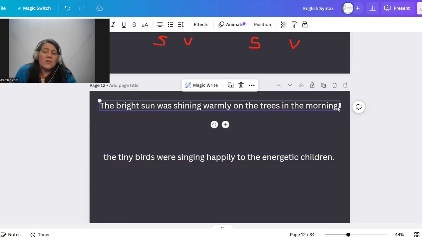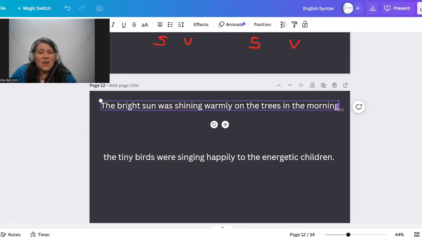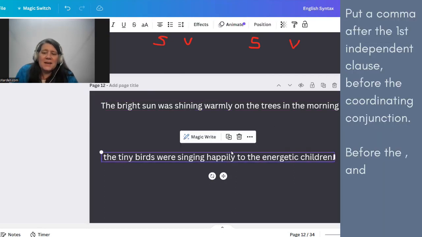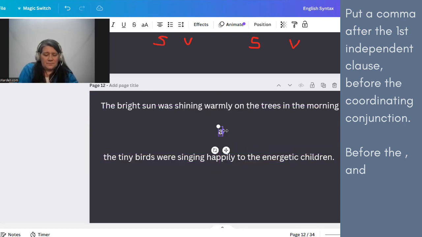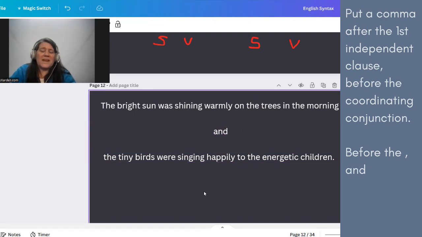Okay, now we're going to connect these two sentences and make it a compound sentence. The way we do that is by connecting the whole thing with an and. Okay, so we just took a very simple sentence.